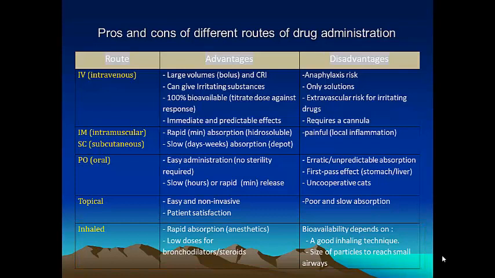The advantages are obvious in the case of gas anesthetics, because you can control the rate of anesthesia on a minute-to-minute basis. And when the target site is within the lungs, the amount of drug that needs to be given is obviously going to be much lower than if we were to use any other systemic route.